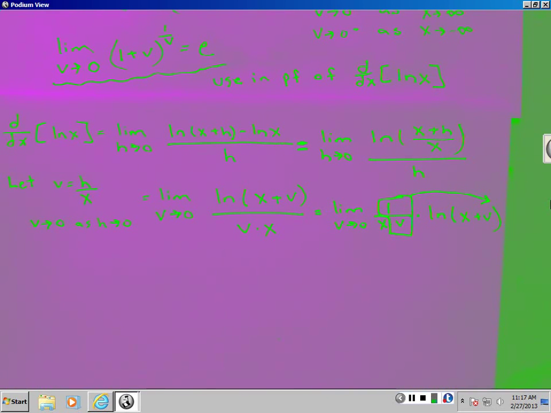If you recall, r ln of a can be written as ln of a to the rth power. So I get the limit as v goes to 0 of 1 over x times ln of 1 plus v to the 1 over v power, right? Which is great because this is exactly what I wanted.